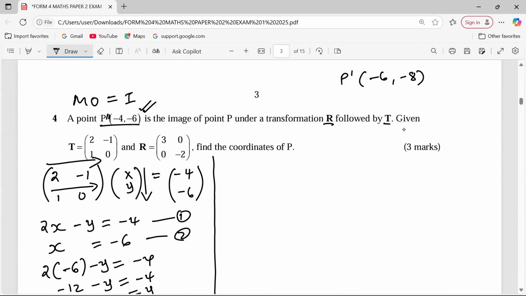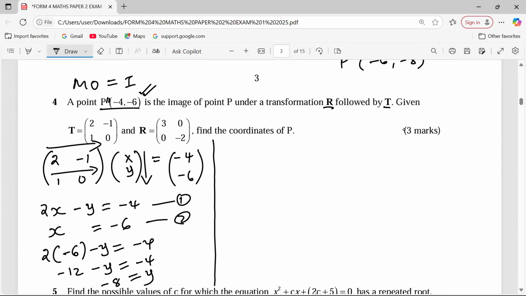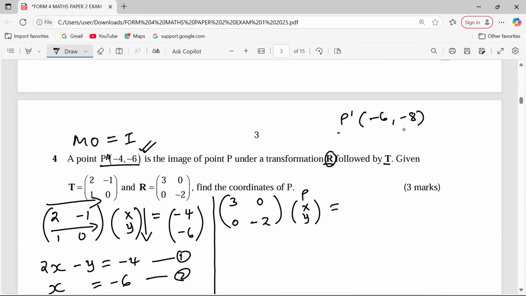Then there is the original P, which is not known, which was initially multiplied by R because we started by R. So R, 3, 0, 0, -2, multiplied the original P, which is also not known, for us to get the P prime that we have computed.